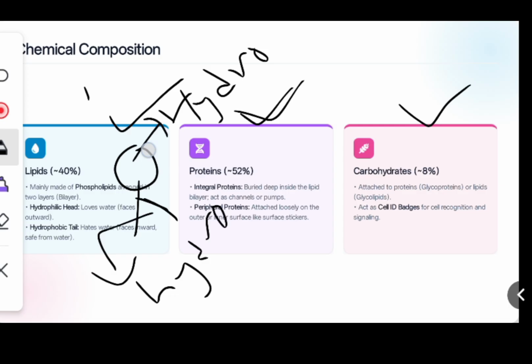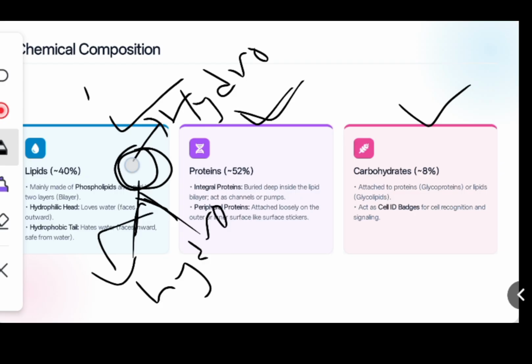Hydrophilic means the head of the lipid which loves water. It will attract and interact with the water. But the tail doesn't interact with the water. It hates the water. That's known as hydrophobic.